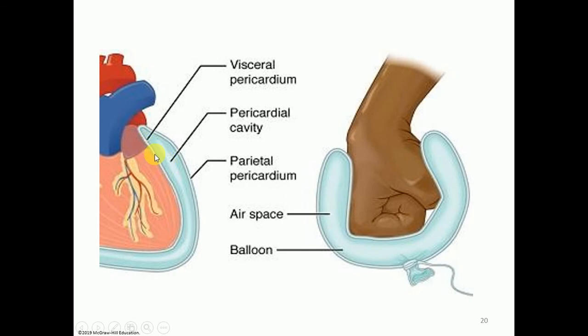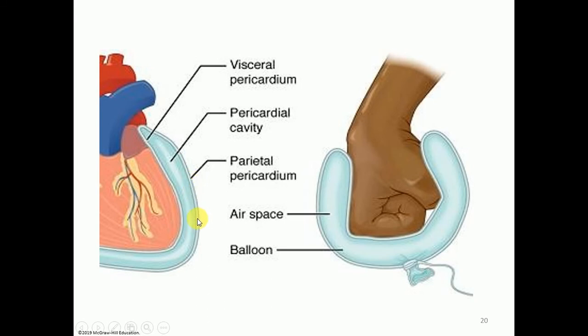So this would be the visceral pericardium, the layer of the membrane in direct contact with the heart, while the outer layer is known as the parietal pericardium. The parietal pericardium would be lining the thoracic cage, meaning it would line the ribs.